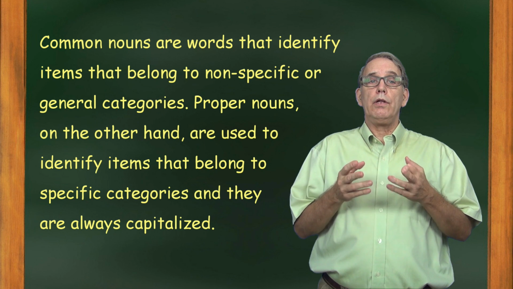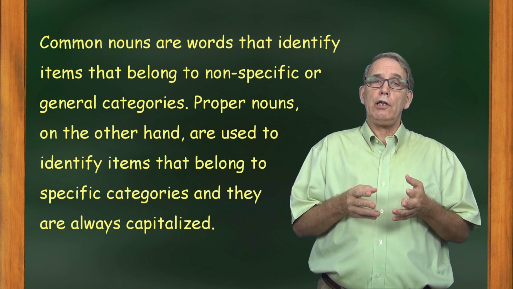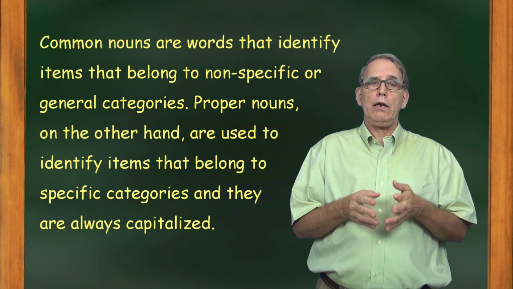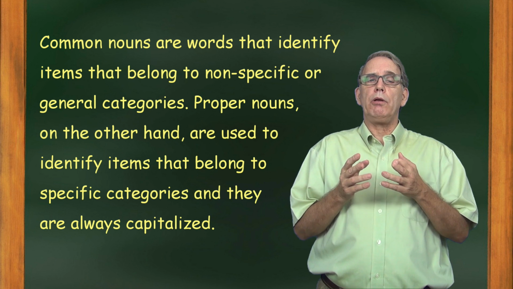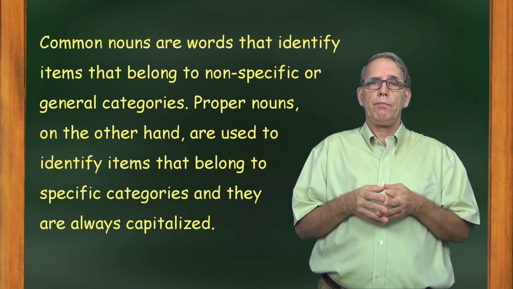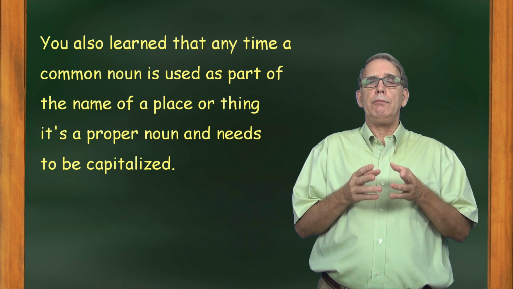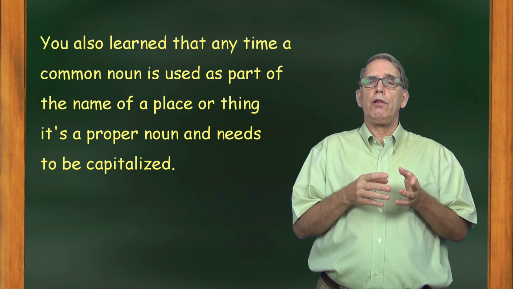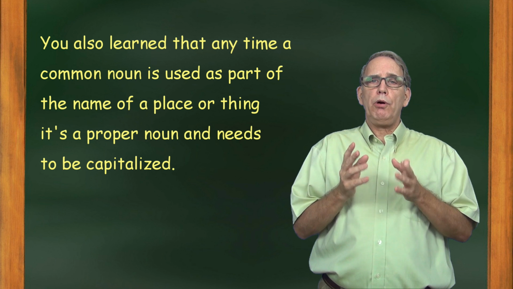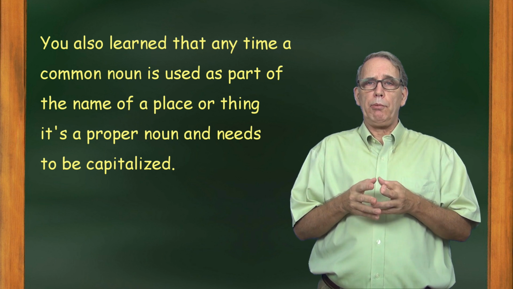Common nouns are words that identify items that belong to nonspecific or general categories. Proper nouns, on the other hand, are used to identify items that belong to specific categories, and they are always capitalized. You also learned that any time a common noun is used as part of the name of a place or thing, it's a proper noun and needs to be capitalized.